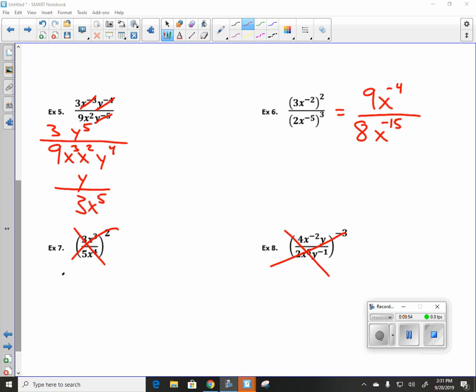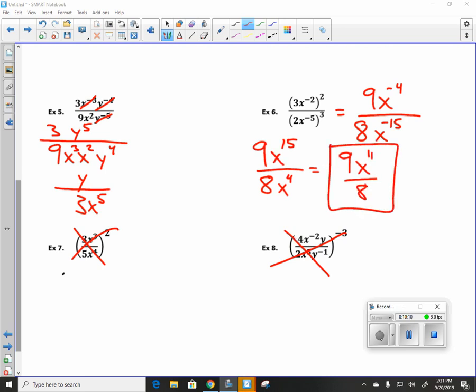So first I squared the top, I cubed the bottom. Now I'm going to move them. 9x to the 15th over 8x to the 4th, which is 9x to the 11th over 8. That's my final result.